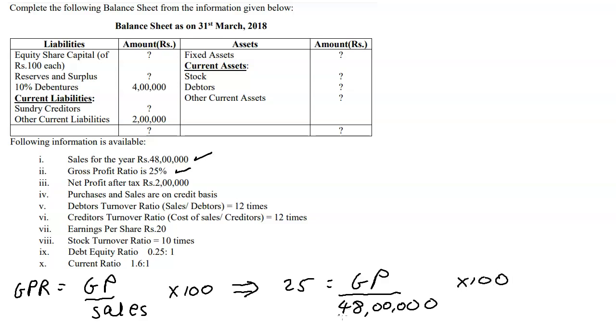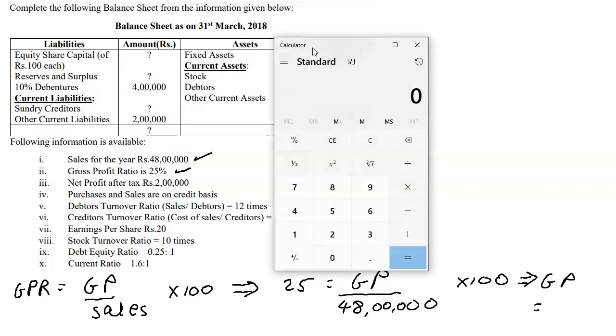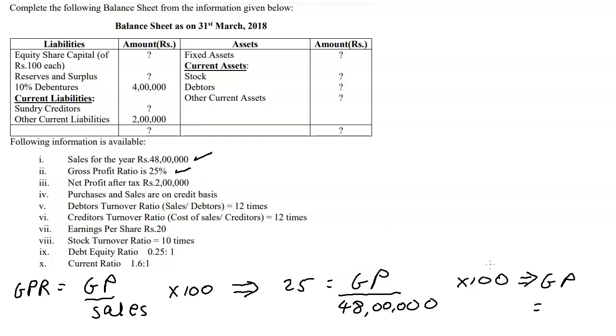Now, 48 lakhs over here is division. It goes that side, it becomes multiplication. All in all, our gross profit is going to equal 48 lakhs into 25. And remember, there is also 100 over here, which is multiplication.